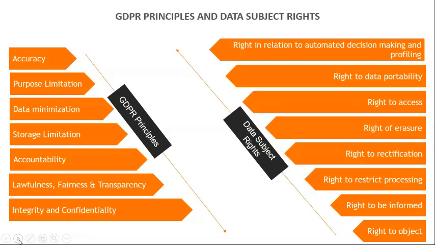The principle which GDPR asks any organization or institution to follow is that whatever information they hold of a data subject should be very accurate, and they should use the data subject information only for the purpose they are supposed to be using it for. And they should minimize the usage of the data subject's information, which we call personally identifiable information.